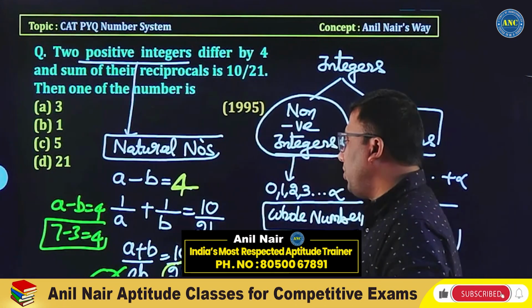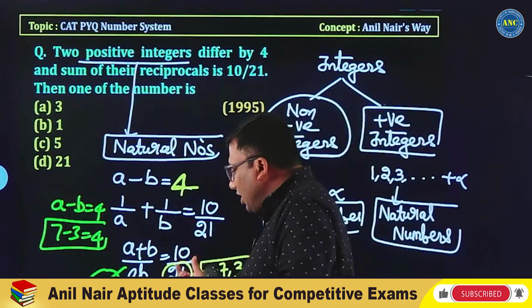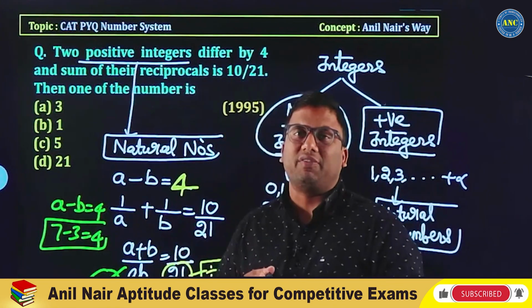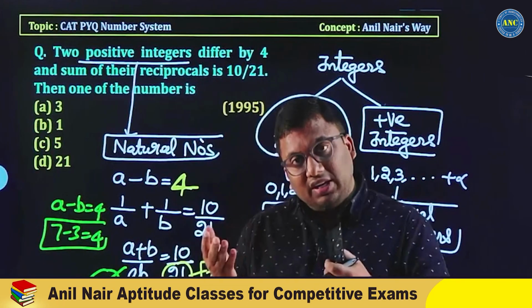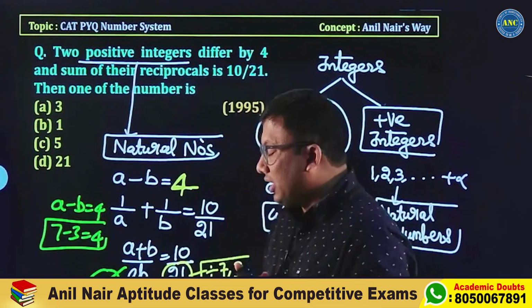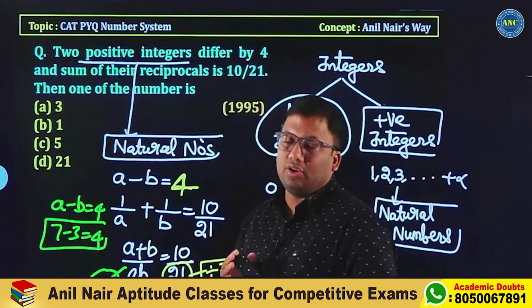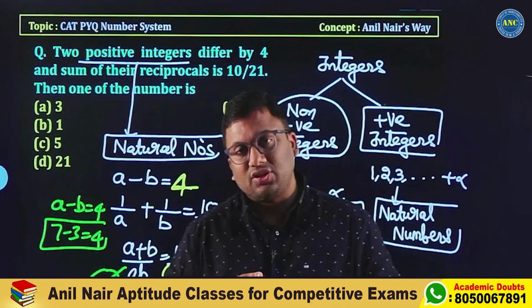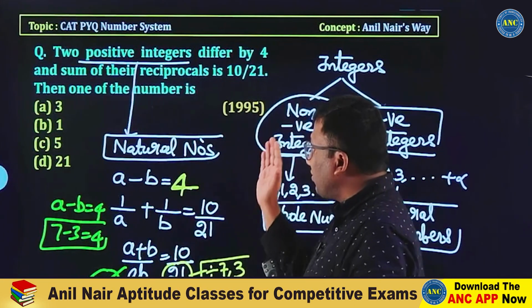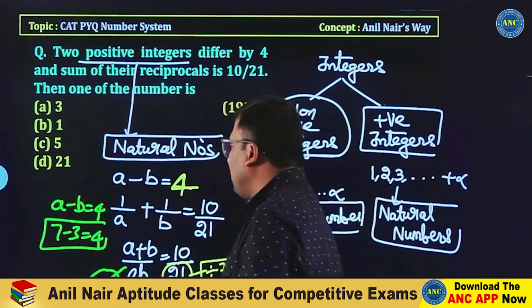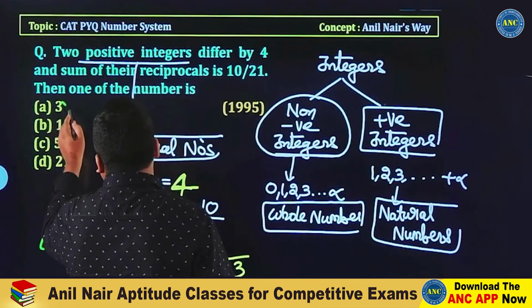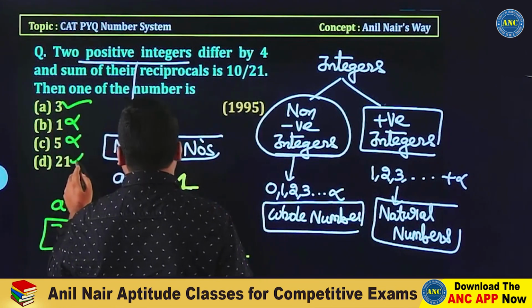So 21 has to be written as a product of two natural numbers. The prime factors of 21 are 7 and 3. So A has to be 7, B has to be 3. The difference is 4. One number will be 3, another number will be 7. I hope the idea is clear.